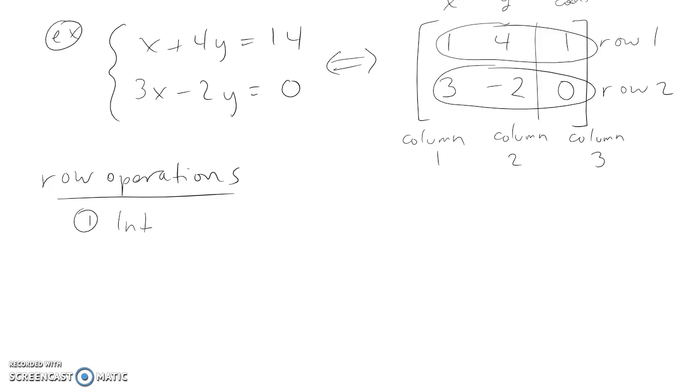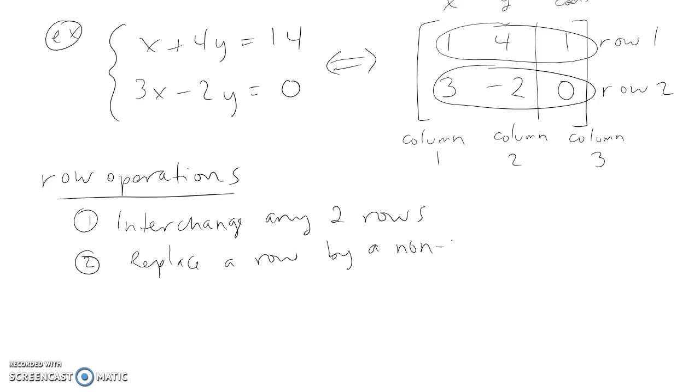You can interchange any two rows. You can replace a row by a non-zero multiple of that row.